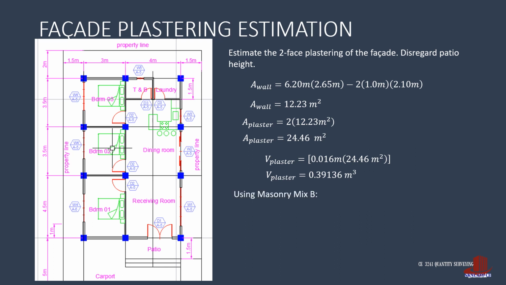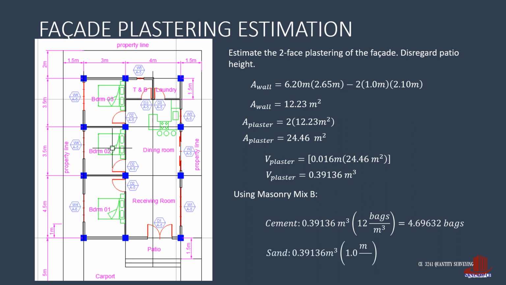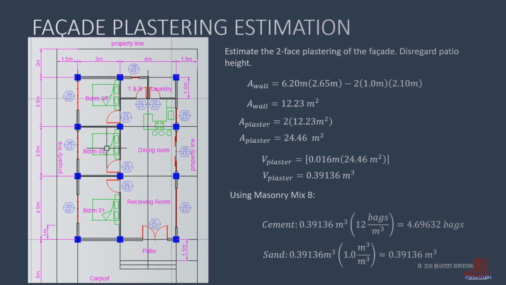So using Masonry Mix B, cement is then a volume of 0.39136 times 12, which is 4.69632 bags. Sand is then 0.39136 times 1, giving 0.39136 cubic meters, just the same.